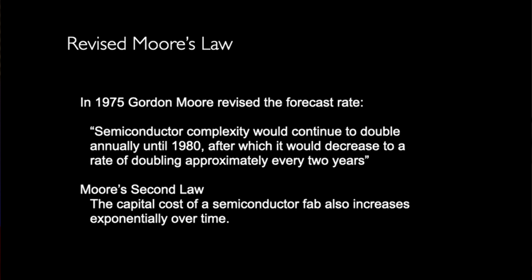But at that conference, he formulated the second law, which was that the capital cost of a semiconductor fab also increases exponentially over time. So as you try to shrink things, your costs get higher and higher to do that, which makes sense, right?